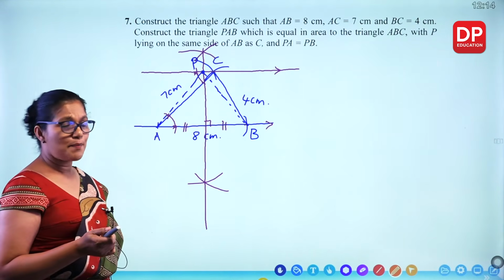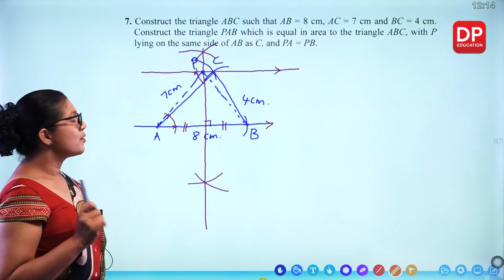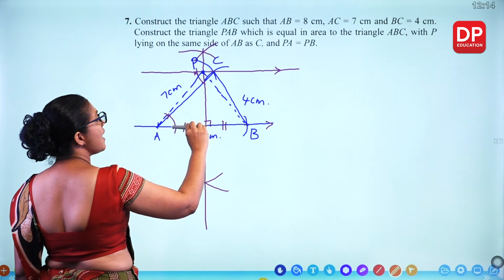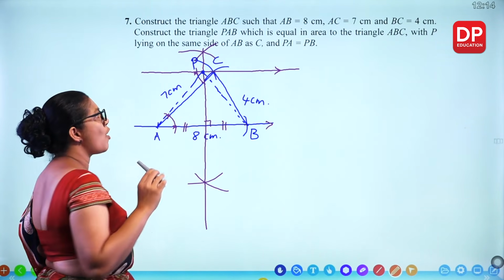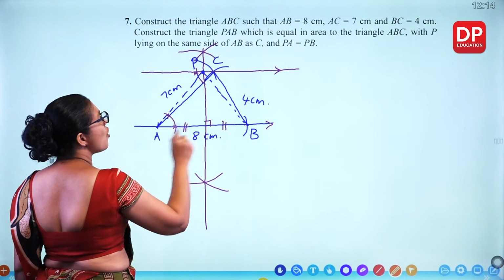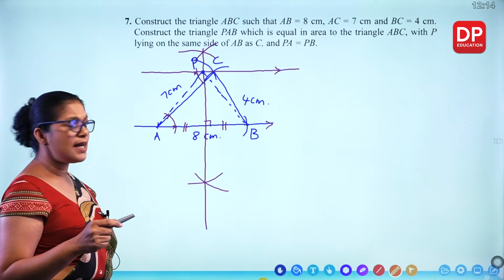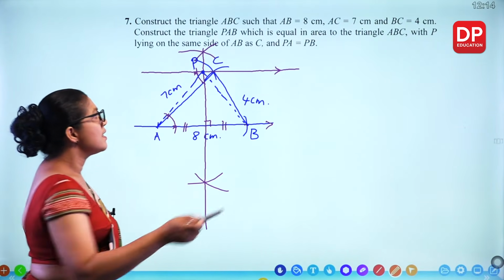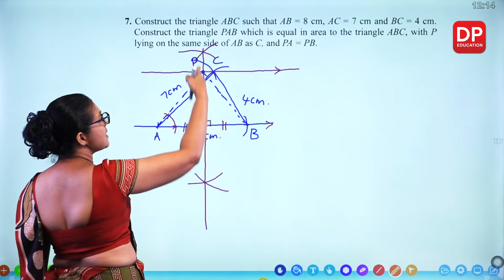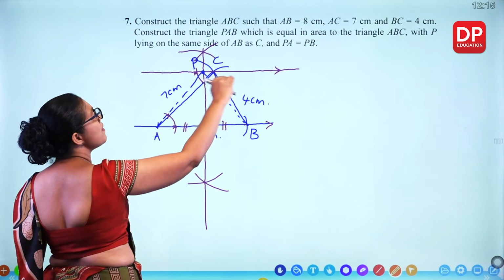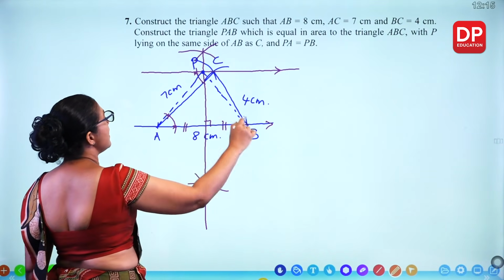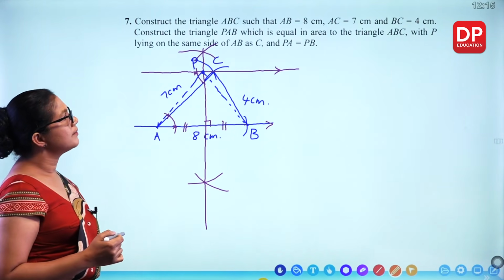So what are the steps we have to follow? To get the same area, first we need to draw a parallel line to AB along C. Then we need to draw the perpendicular bisector to AB because PA is equal to PB is given. And the perpendicular bisector and the parallel line meet at P. Then connect the PAB triangle.